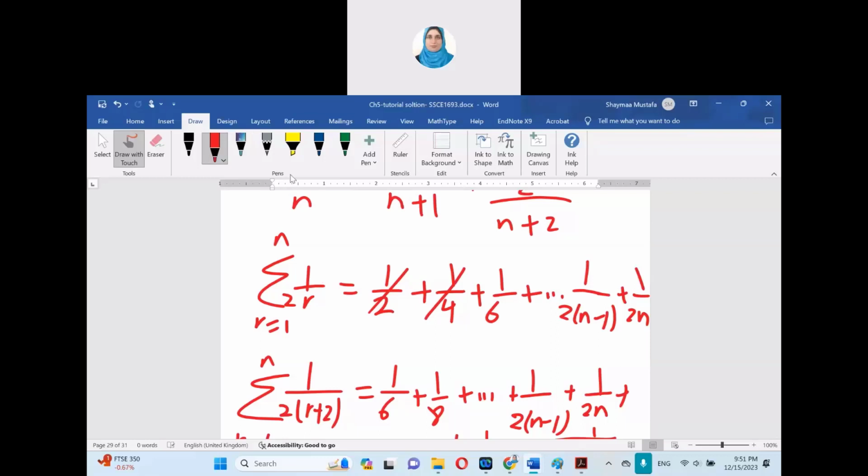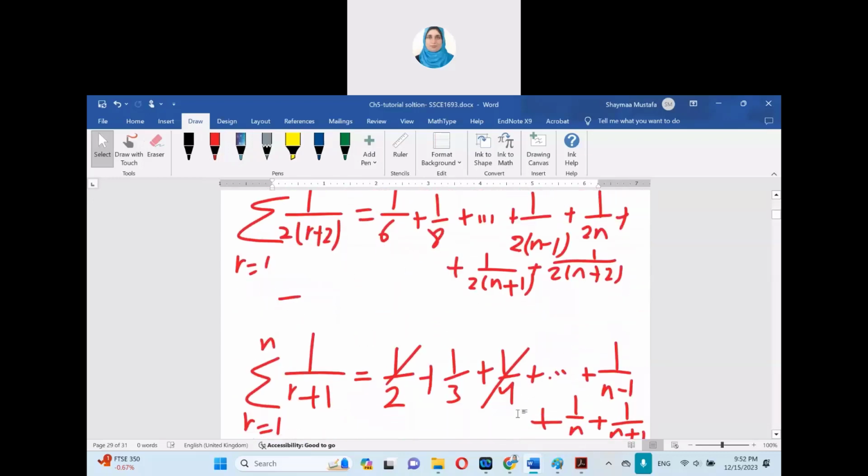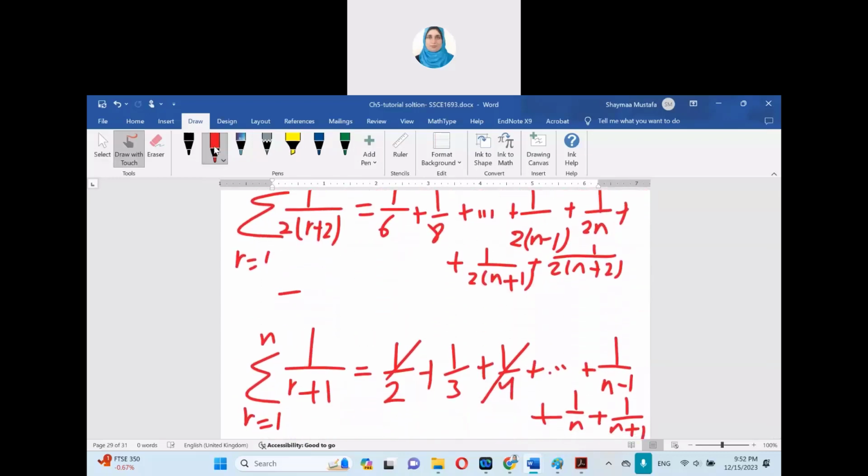Now 1 over 6 plus 1 over 6 is equal to 1 over 3. So minus 1 over 3 also will be cancelled.